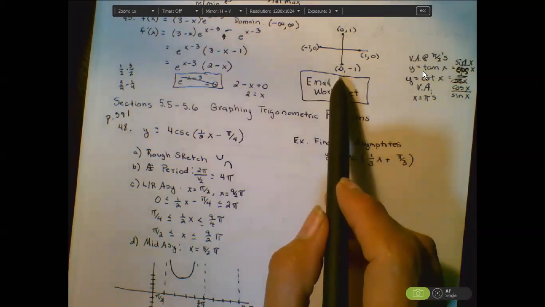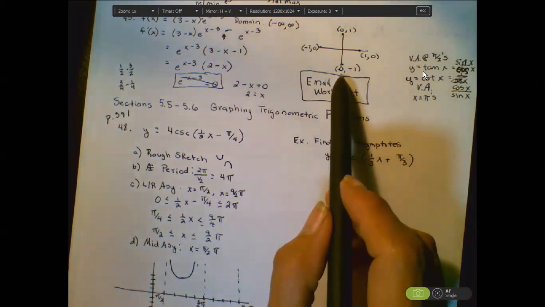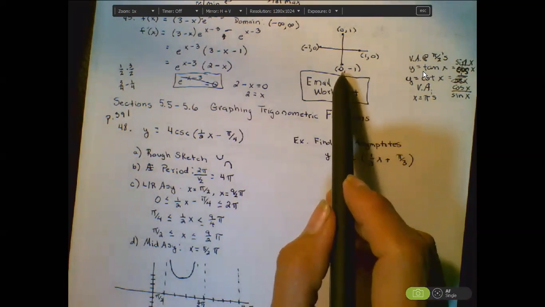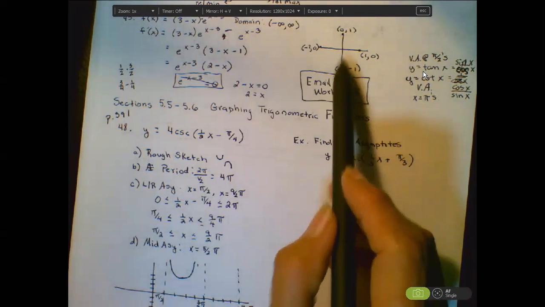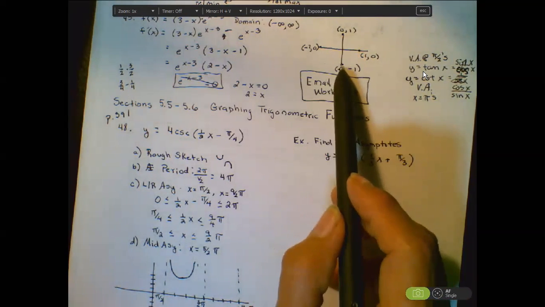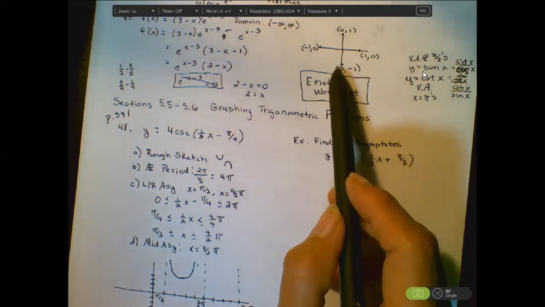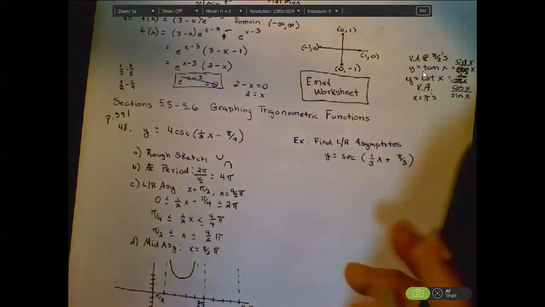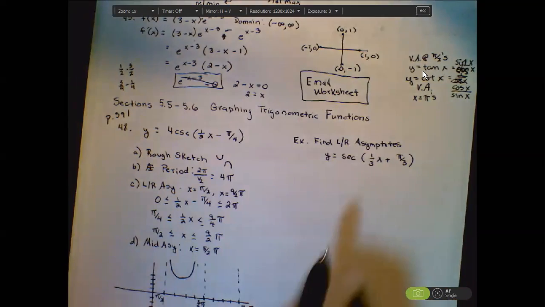Only when we were trying to just graph one period, we didn't use pi over 2 to 3/2 pi, although we could have. You remember on that summary sheet in the notes what we used for the left and right asymptotes of secant?